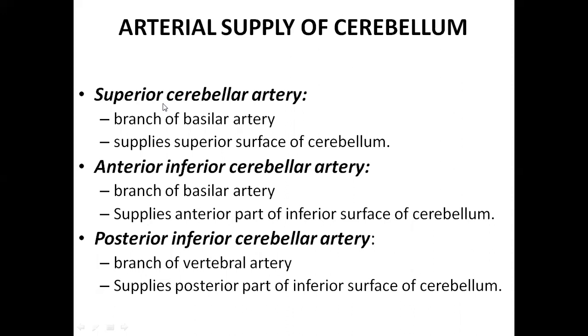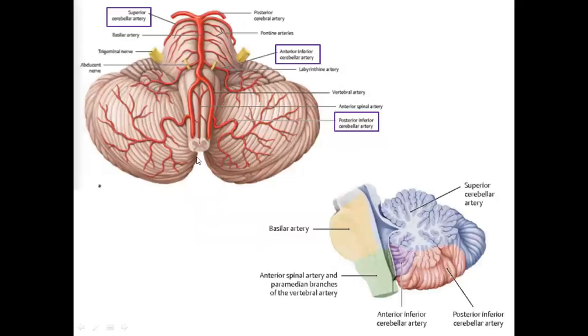Now, coming to the arterial supply of the cerebellum, we have three cerebellar arteries. If you observe this picture, when we study the blood supply of the brain, the right and left vertebral arteries join to form the basilar artery. From the basilar artery we have many branches, and from the vertebral artery also we have branches which supply the cerebellum.